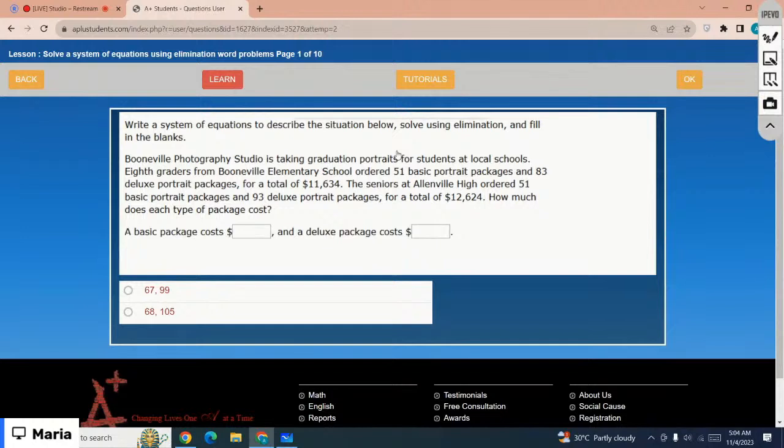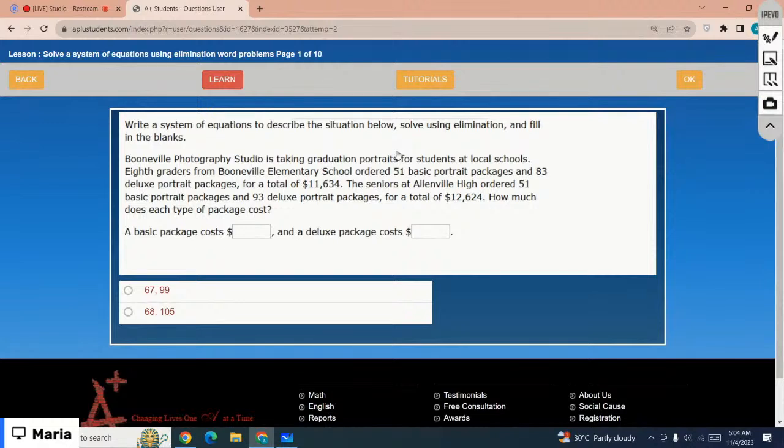Eighth graders from Boonville Elementary School ordered 51 basic packages and 83 deluxe portrait packages for a total of $11,634. The seniors at Allenville High ordered 51 basic portraits and 93 deluxe portrait packages for a total of $12,624. How much does each type of package cost?